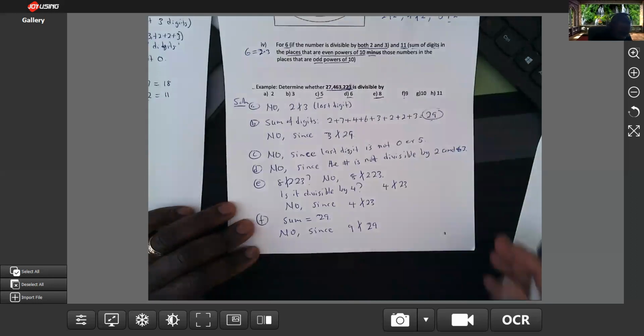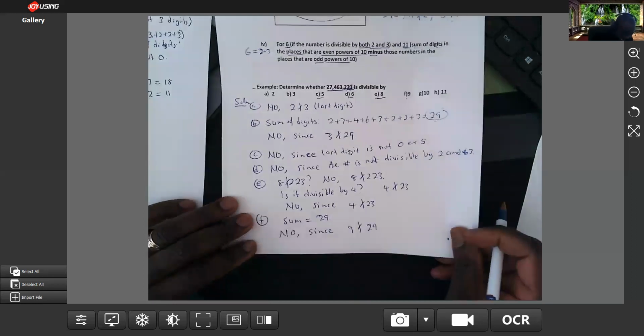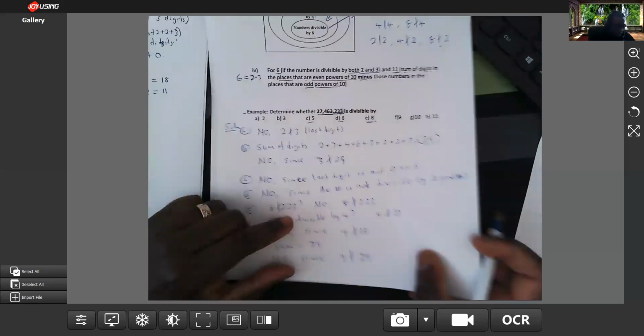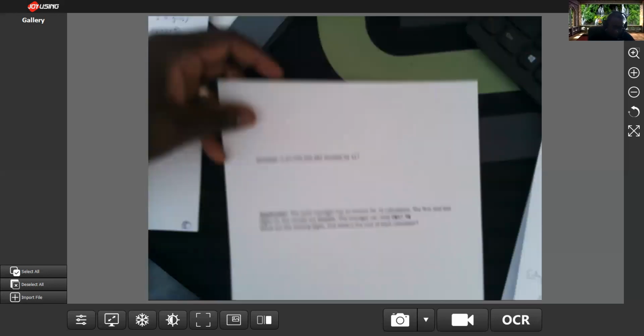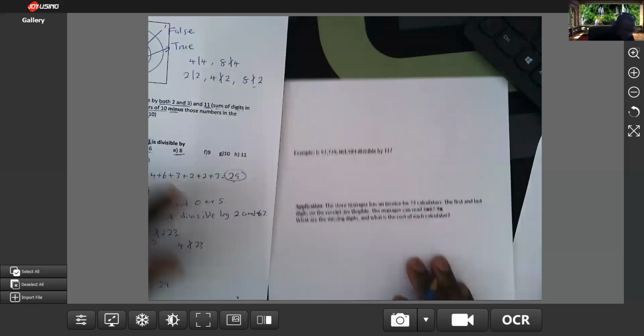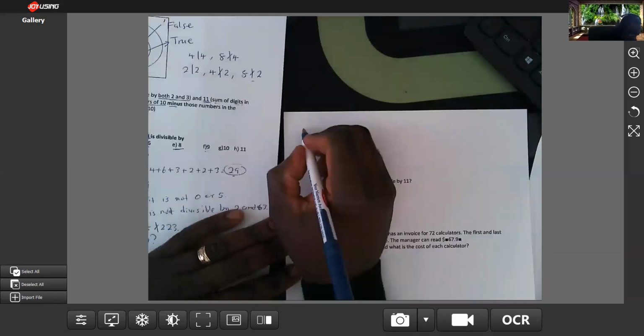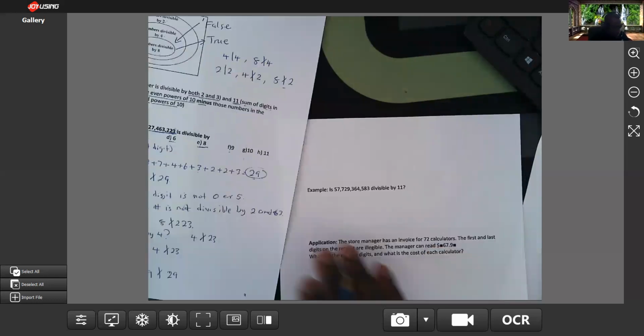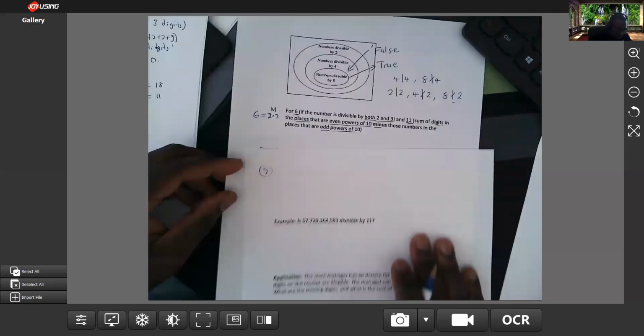Okay. Now let's go to 10. All right. Is it divisible by 10? And is it divisible by 11? Those are the last 2. So our number is still here. Let me write, is it divisible by 10? Then it's G. Don't forget the number is still here.